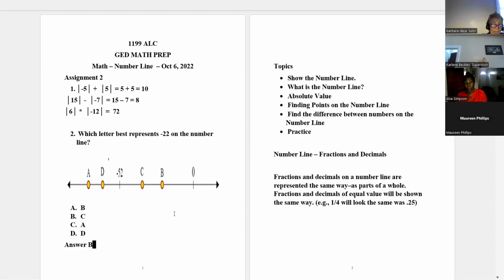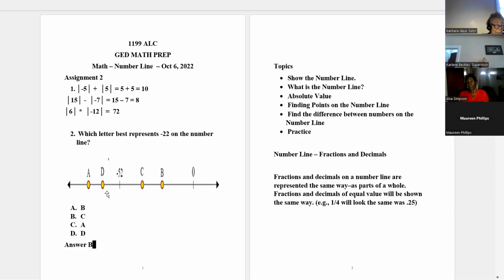Alva, questions on number 2? No, Miss Barbara. Okay. So the first thing you do is eliminate what it could not be, because A and D have to be smaller than minus 52. So these numbers have to be absolute value bigger. In other words, this could be a minus 62. This could be a minus 72.